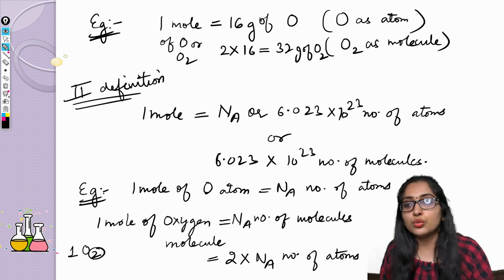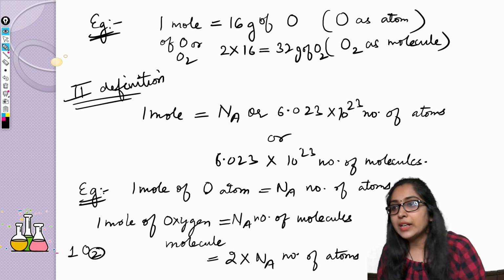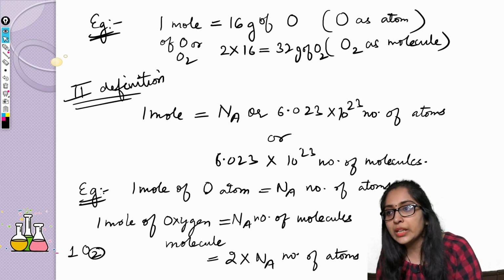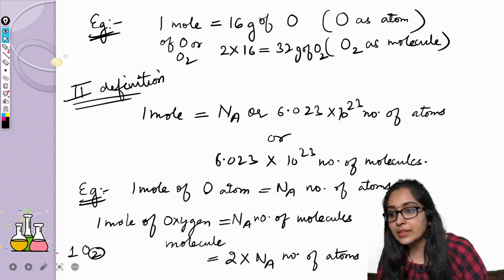Now I am going to take the third definition, and the third definition is only for a special case. What exactly is that special case? That special case is the case of gas.